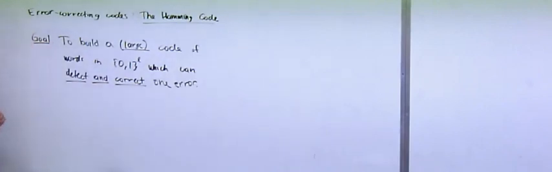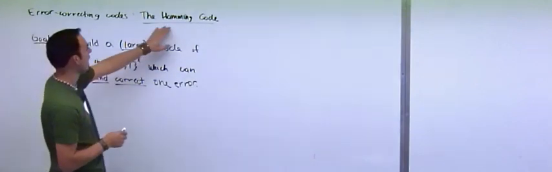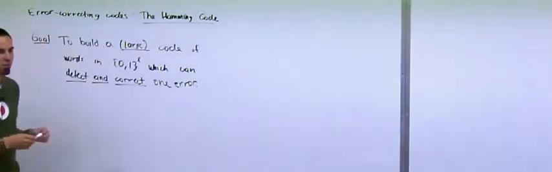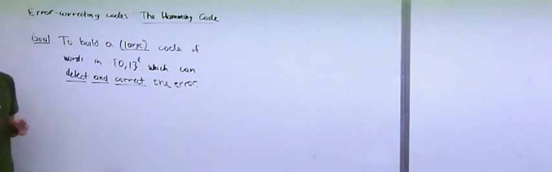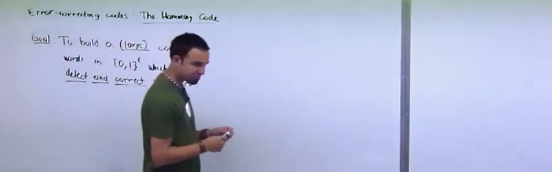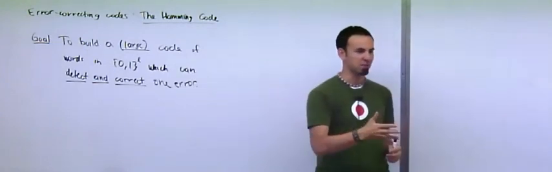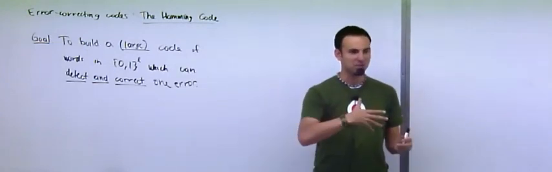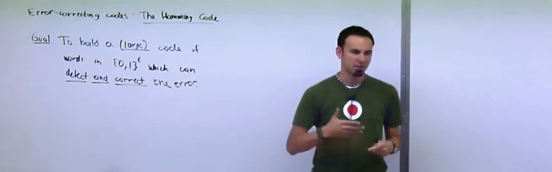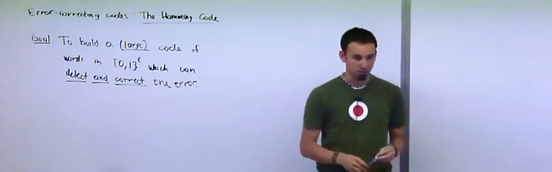So what's the story of this? Actually, Hamming was working at Bell Labs, and this was in the 40s. And they basically had these punch card computers, right? And so if they wanted to perform some sort of computation, they would have to put the punch cards into this computer, and then the computer would read the punch cards and then process them in some way and get the output.